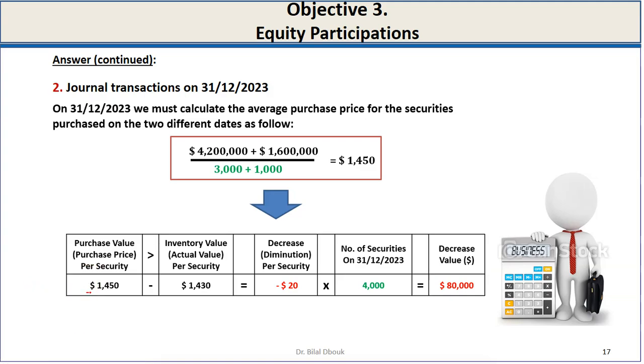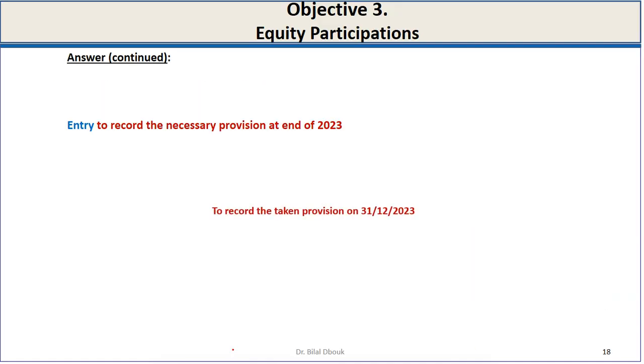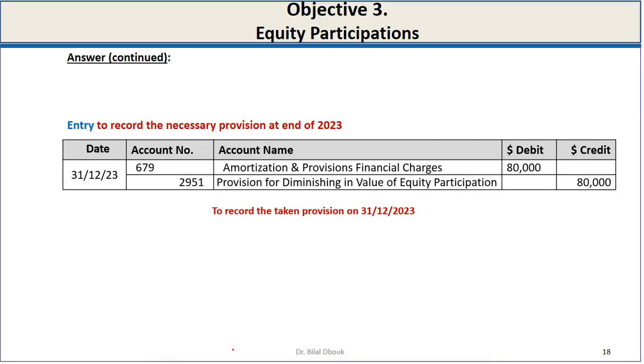So comparing the purchase price and the inventory value, I have a decrease of $20 per security. So total securities are 4,000 times $20. I have a decrease of $80,000. What is the accounting entry for this decrease? I need to record a provision of $80,000.